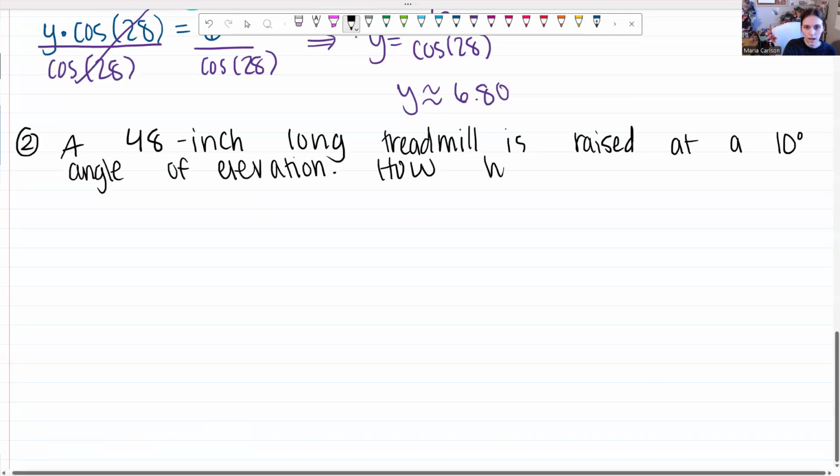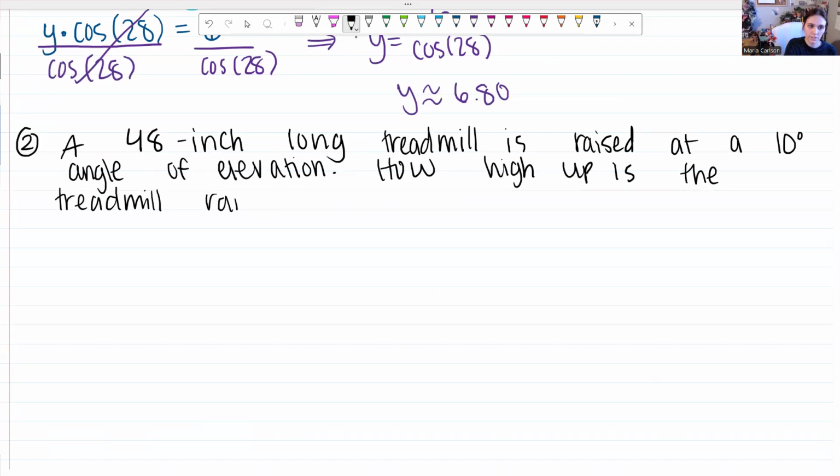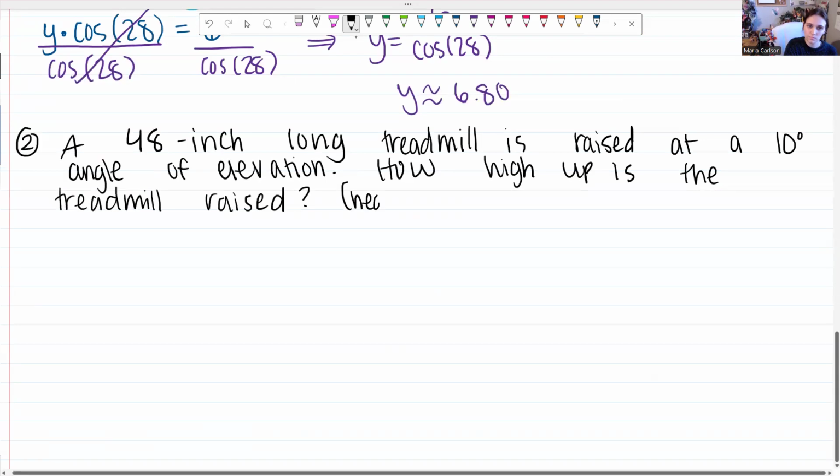How high up is the treadmill raised? To the nearest hundredth of an inch.